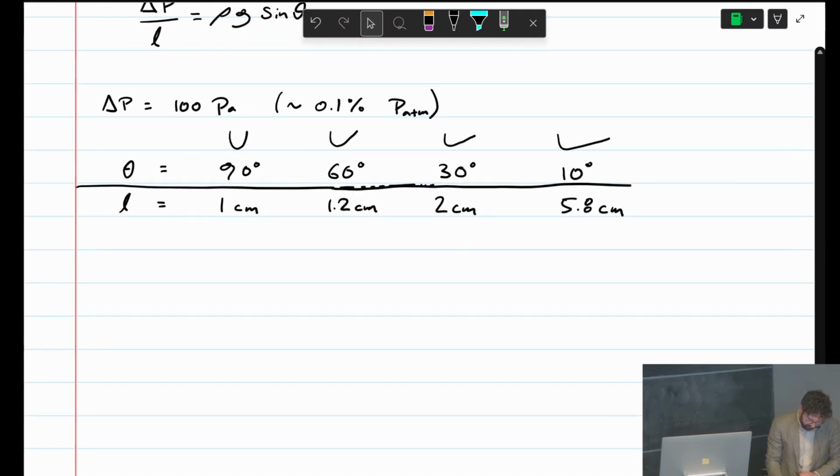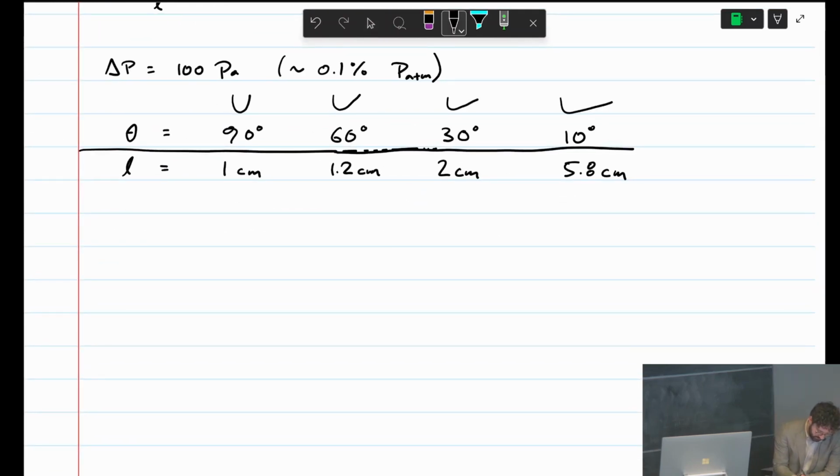I'll give a relative, so I'll say percentage error in that pressure difference. This is with the error in your length. You can estimate your length to plus or minus 0.5 millimeters.